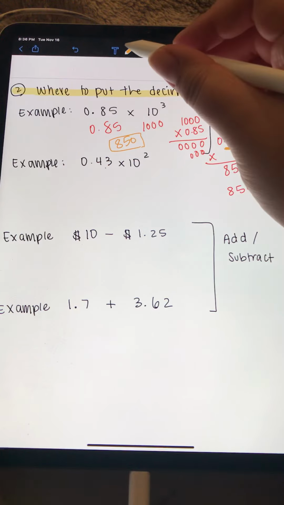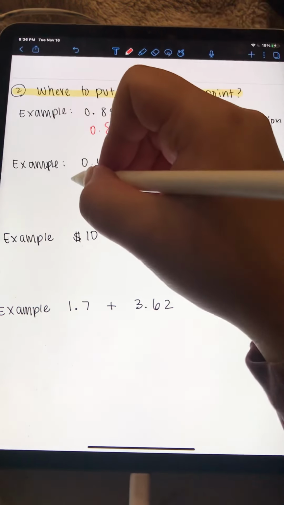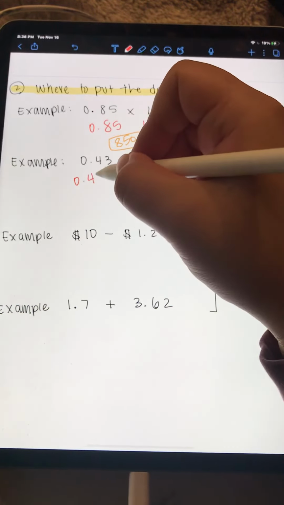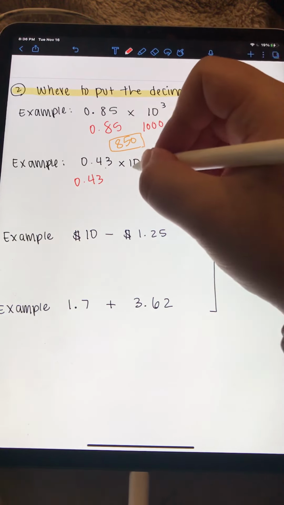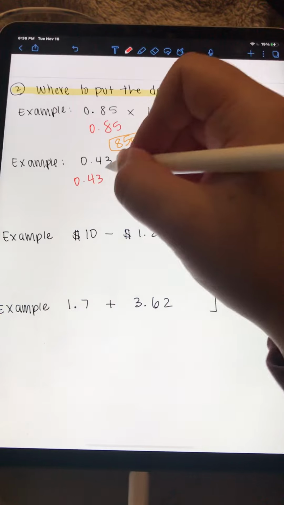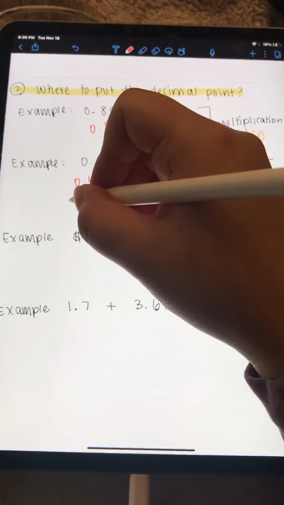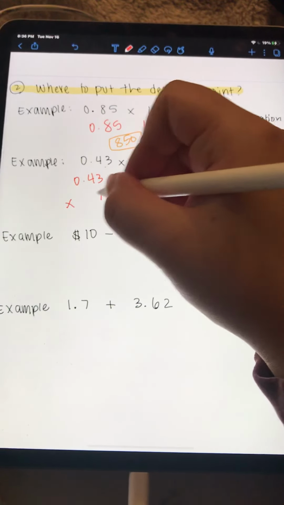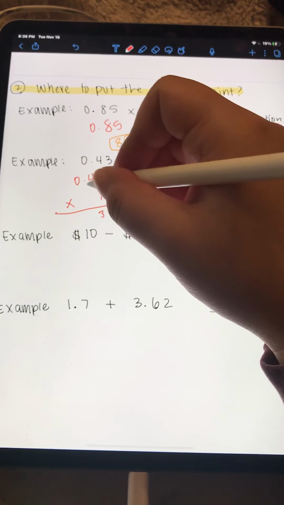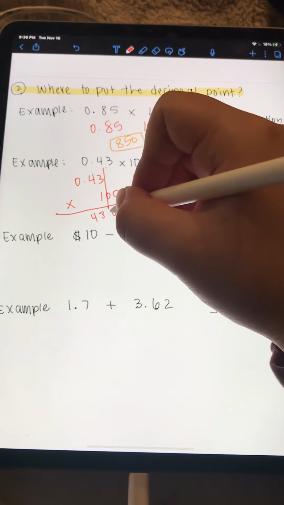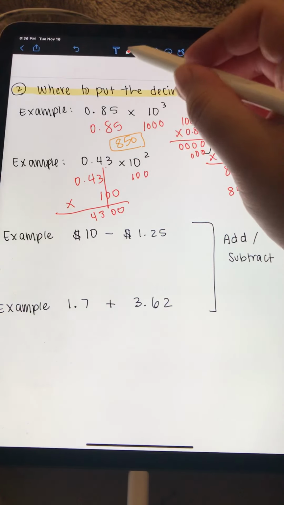So let's go a little bit faster for the second example. So we're going to do 0.43 times, and then we do 10 times 10 is 100. Okay, so 0.43 times 100. 1 times 3 is 3. 1 times 4 is 4. We have the 2 zeros, right? Now we look.